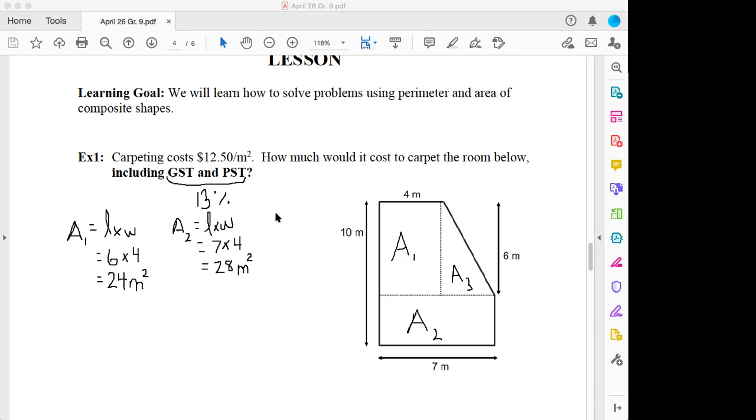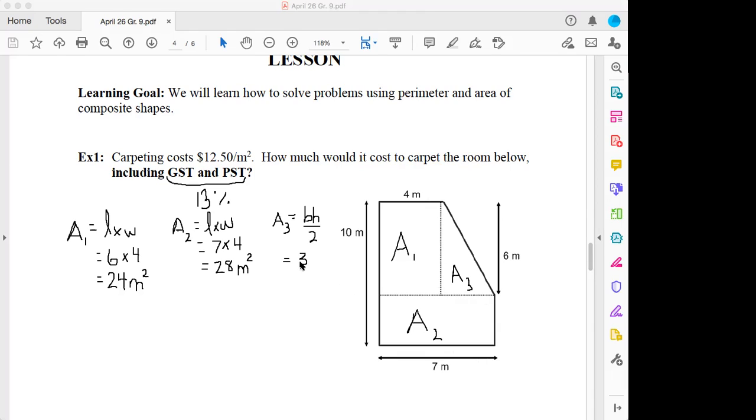Okay, and then we've got our third shape, which is our triangle. Okay, and our formula for that is base times height divided by 2. Keep in mind that the formula sheet is super important for you. Okay, so our base here, they don't tell you what the base of this triangle is, except for you can look here, that's 7 meters and 4 meters, meaning that this one would be 3.